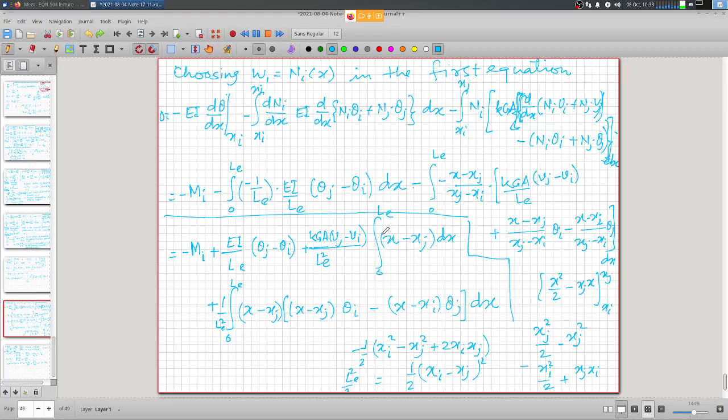So xi minus xj whole squared is equal to LE squared by 2. So LE squared gets cancelled with this LE squared, and eventually you will be left with that. That's all. Right? So please check this calculation.